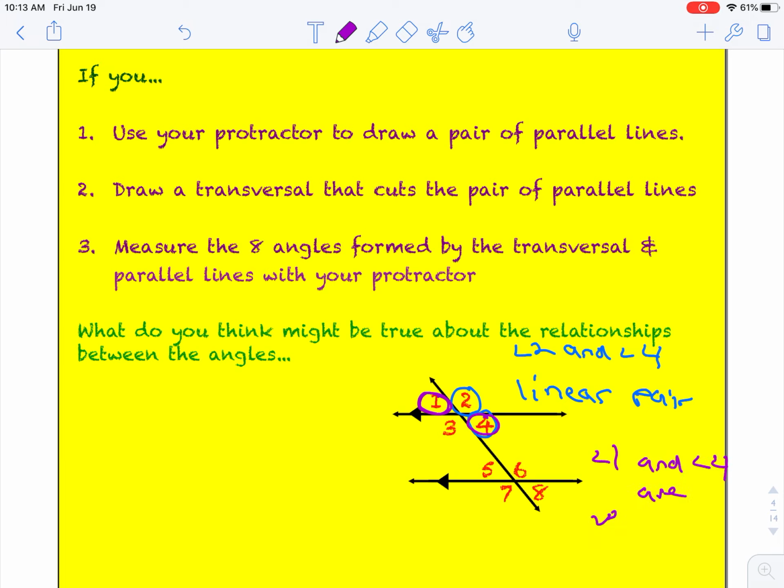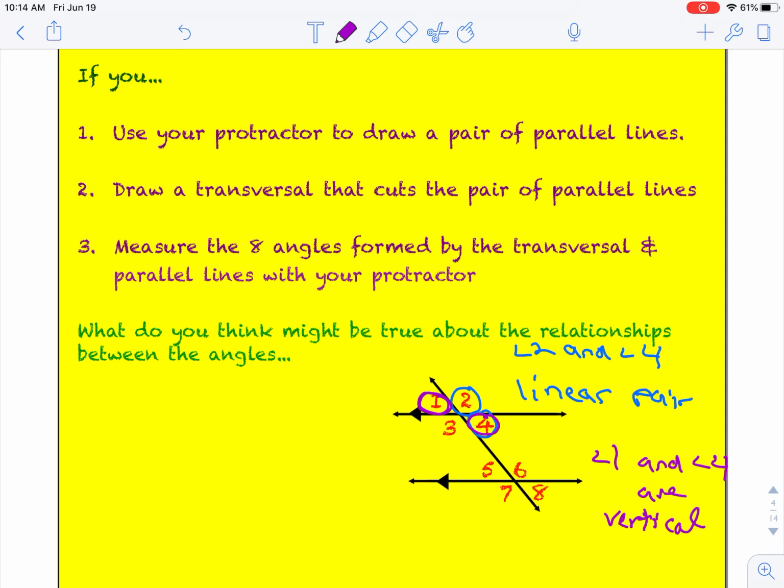So angle 1 and angle 4 are vertical angles.